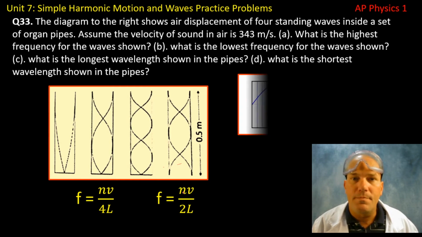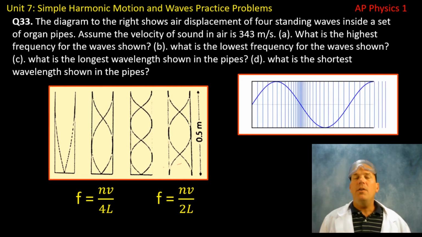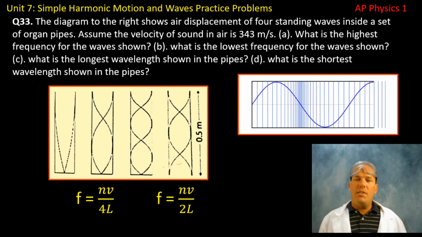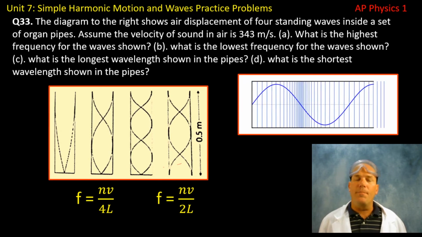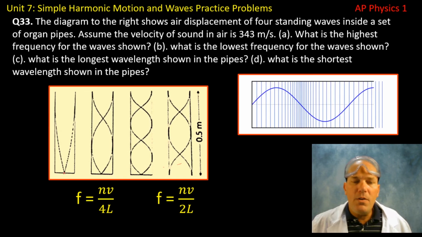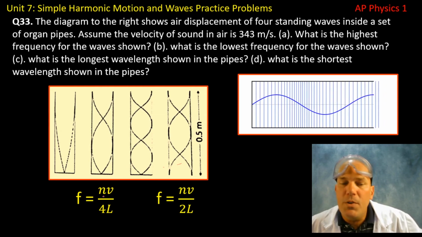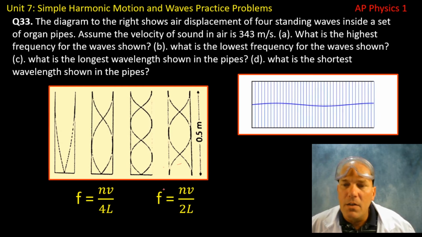I'm going to move on. Let's look at an animation here. Here we have a pipe that is open at one end. I want you to take a look at this and think for a little bit about what's occurring here. That would correspond to the first 3 on the far left of our problem, where we're using the equation that has 4 in the denominator.